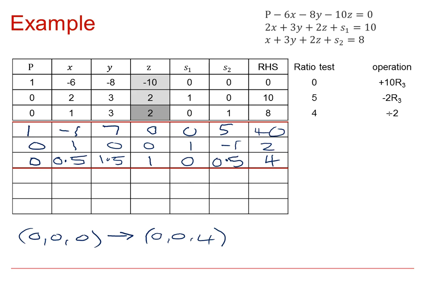Looking at the ratio, we would see that we have a negative ratio test for the objective row function, and then a 2 and an 8. Therefore, this is the smallest positive ratio test. You'll note that the only negative in the objective row function is in the x column.